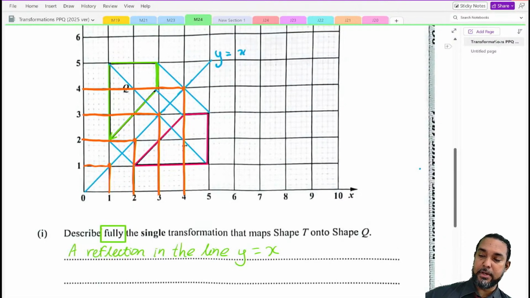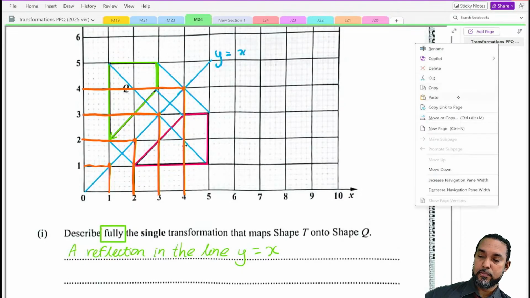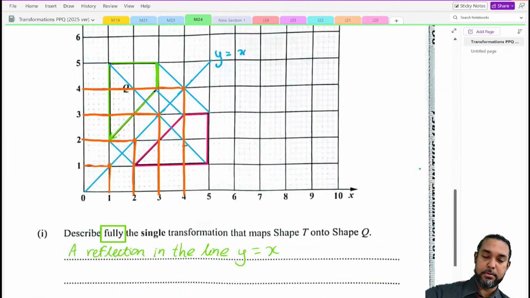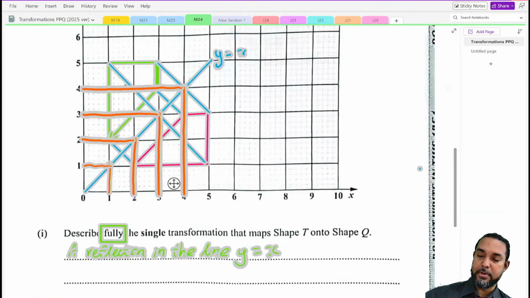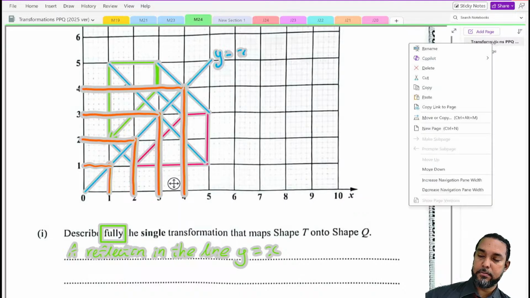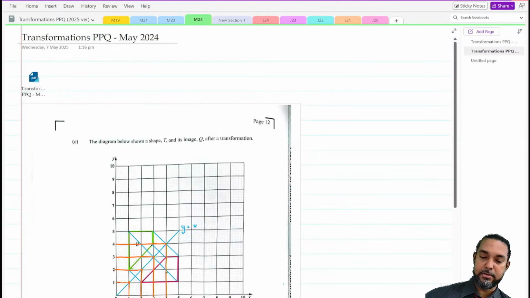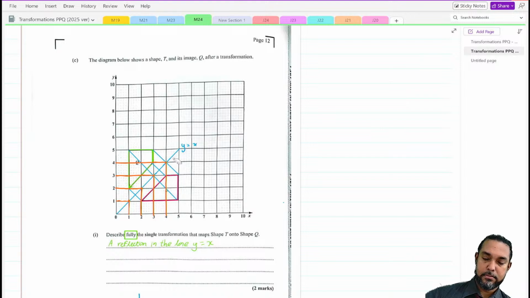And what I'll do is just copy and paste this same page, but I'll take out all the extra lines on it.